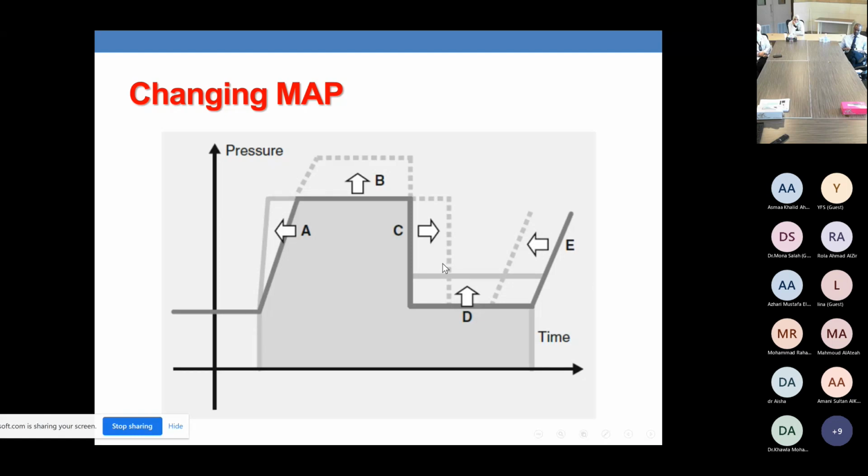From this drawing, you understand these are the factors that can help to increase the MAP. The most important, of course, that we use is increasing the PEEP, which has the biggest effect, then increasing the I time, increasing the PIP, and a little bit on the rise time or the higher rate.